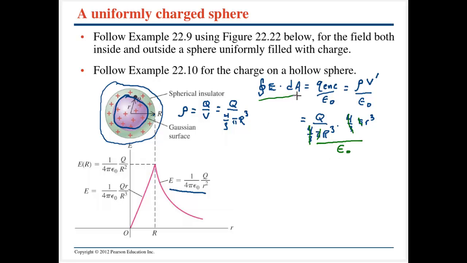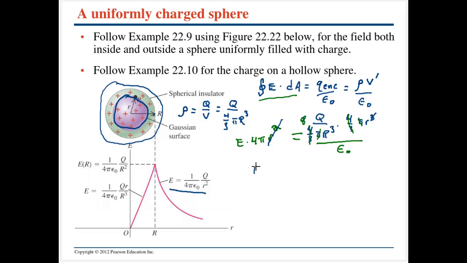Now this E dotted with dA is simply going to be equal to the electric field multiplied by the surface area of the smaller sphere that I've drawn, 4 pi r squared. And now we can see that this r squared is going to cancel off 2 of those r's, and I can divide both sides by 4 pi.